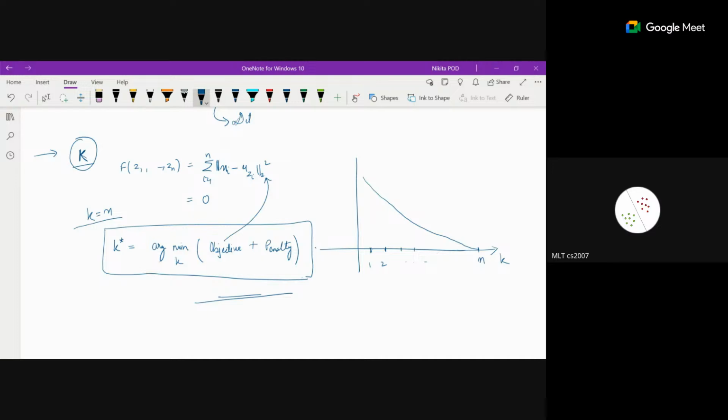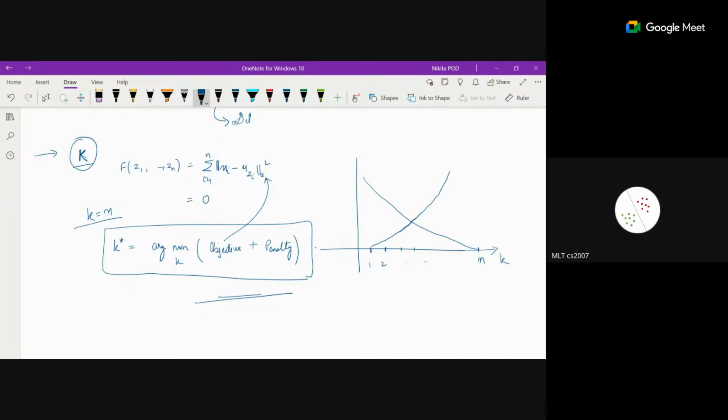Now I will define a penalty to reach some ideal stage, I mean, to decide what K should be chosen. As the number of K increases, I will add this penalty function to my objective.